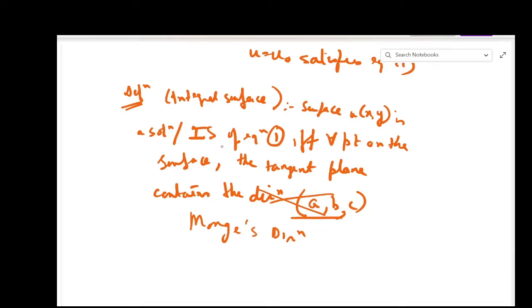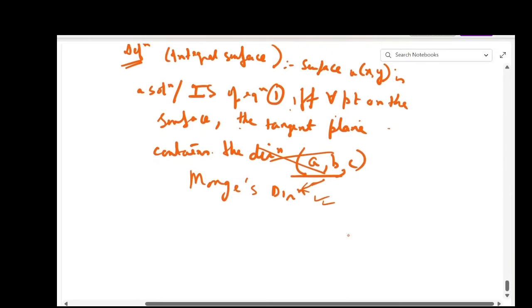The surface u(x,y) is an integral surface of equation 1 if and only if for every point on the surface, the tangent plane contains the Monge's direction. And Monge's direction is already known if you know the partial differential equation, because this is the Monge's direction, ABC.